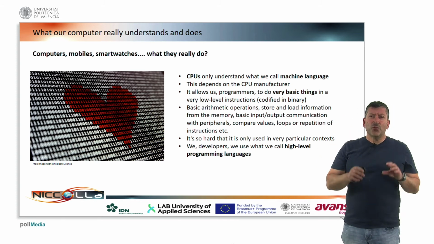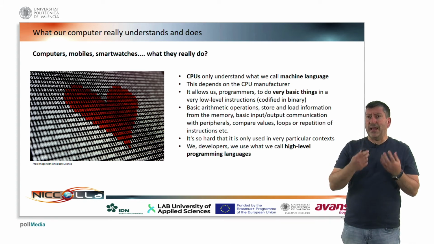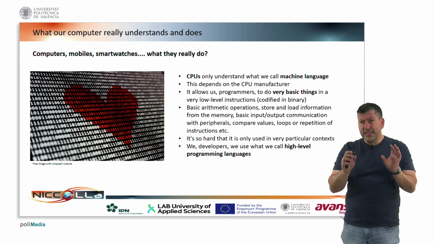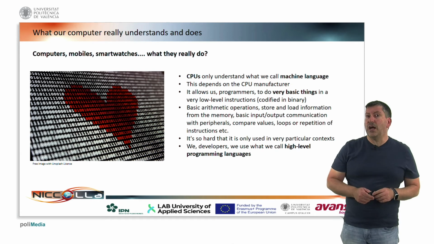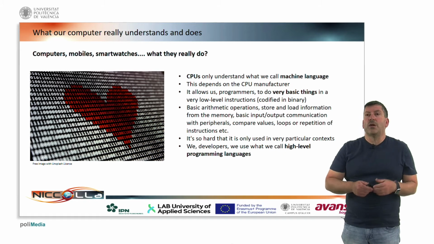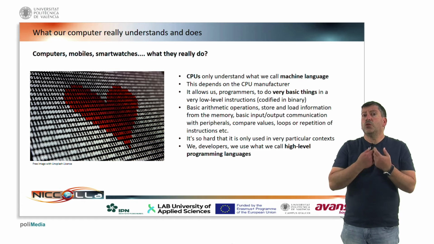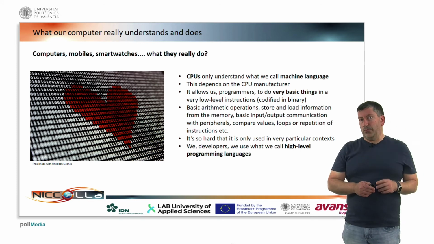So the kind of instructions the CPU is able to understand and execute is very basic, very low level, very limited. So it is very hard to use this machine language for programming anything. This is the reason we don't use machine language in general, because it's very low level. So what we do normally is to use what we call high-level programming languages.